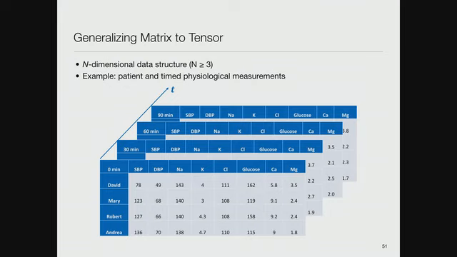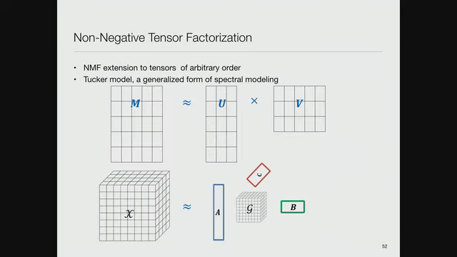And then if you add a third dimension to it, like this is at the time of admission, 30 minutes later, 60 minutes later, 90 minutes later, now you have a three-dimensional tensor. And so just like you can do matrix factorization, as in the picture above, where we say my matrix of data, I'm going to assume is generated by a product of two matrices which are smaller in dimension.